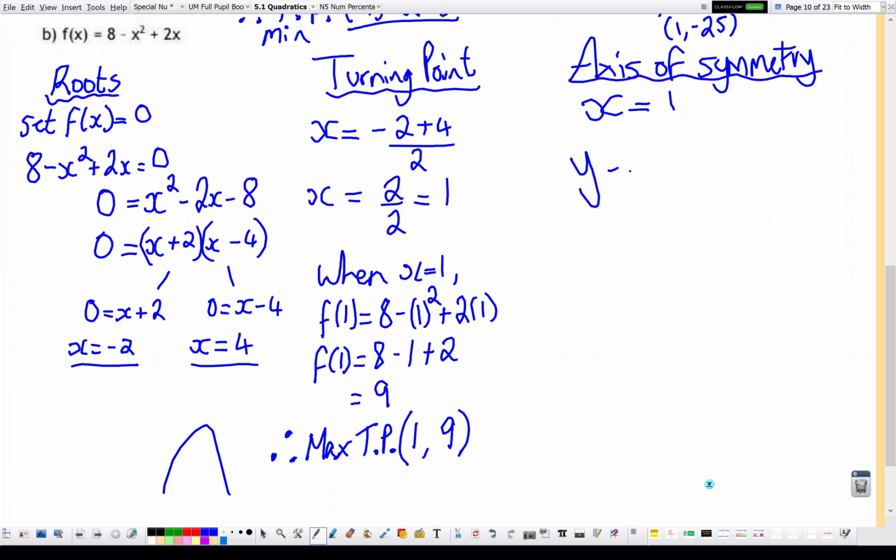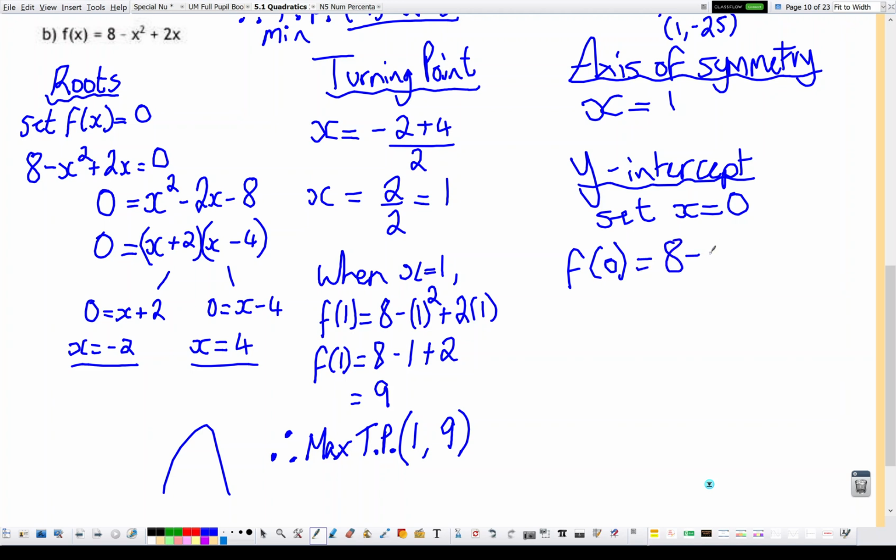And the y-intercept is the opposite of the roots, so we set x equal to 0, because the y-intercept is the point where the graph cuts the y-axis, and at all of those points along the y-axis, x is 0. So it's f of 0. And that is 8 minus 0 squared plus 2 times 0. So all of those just turn into zeros, so the answer is just 8. So that is the point 0, 8 on the y-axis from our y-intercept.